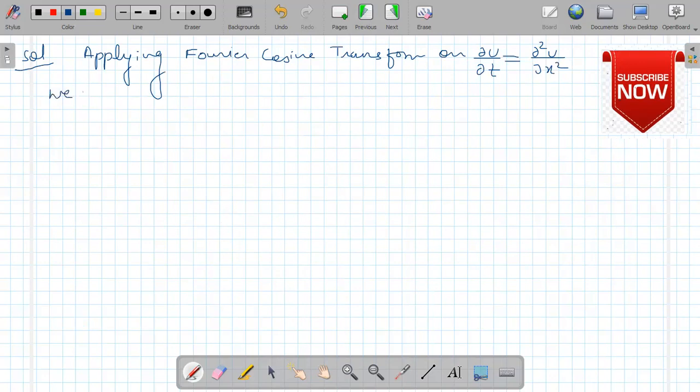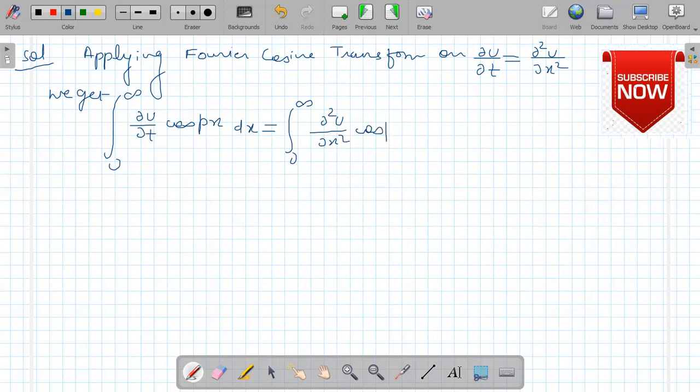We get integral 0 to infinity del u by del t cos px dx, equal to integral 0 to infinity del 2u over del x square cos px dx.